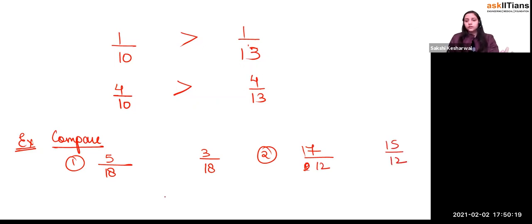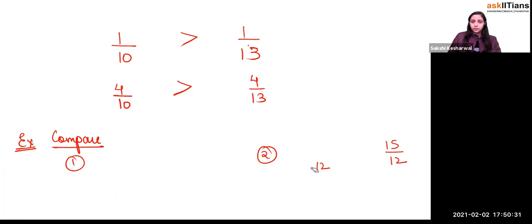Oh, wait, this is a fraction. My bad. You have to make the denominator same. Just a second, let me erase it. I was keeping the denominator the same. My bad.